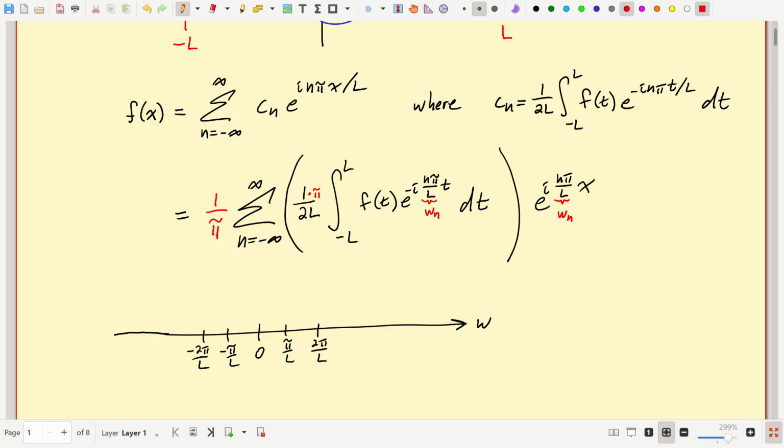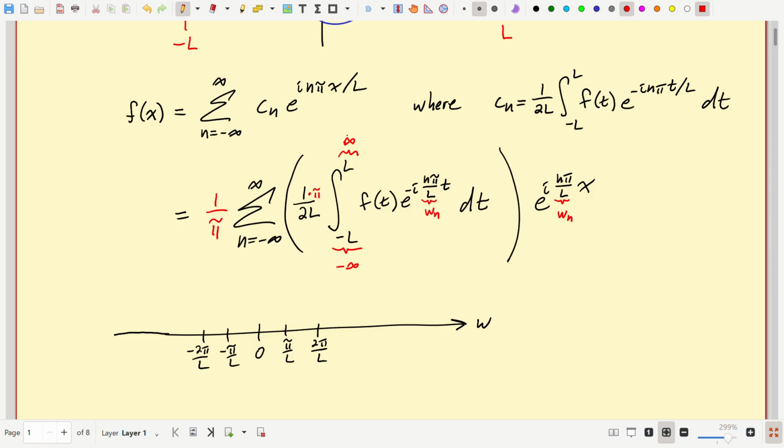And because f has compact support, I can replace this by minus infinity without changing the integral, and I can change this one to plus infinity because f has compact support. Okay.